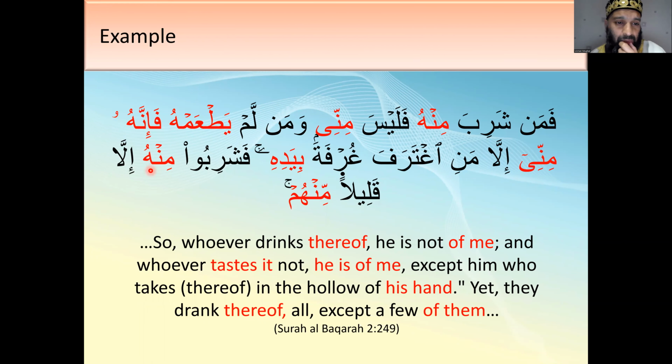Fasharibu minhu, because they drank from the, what do you call it, maybe referring to the water. So if it was referring to something feminine, it'd be minha.